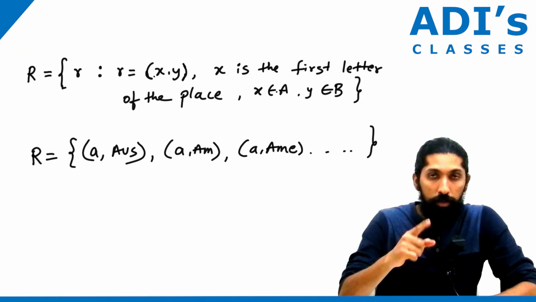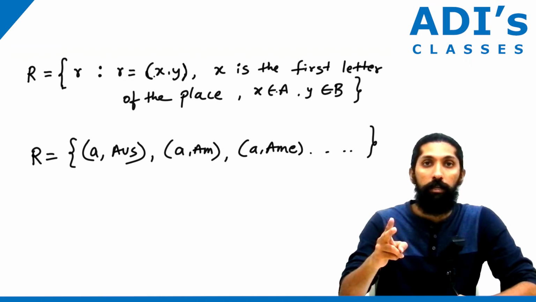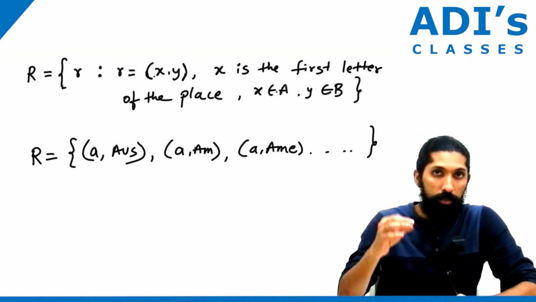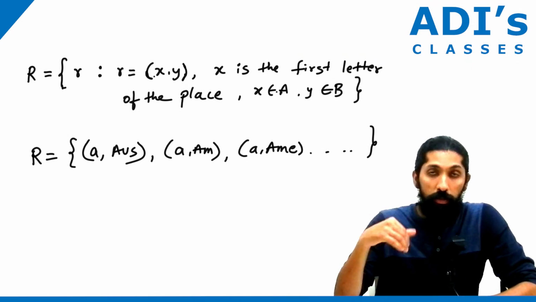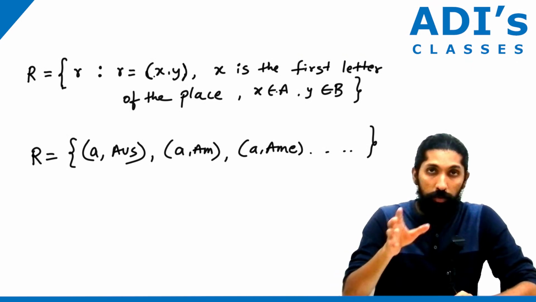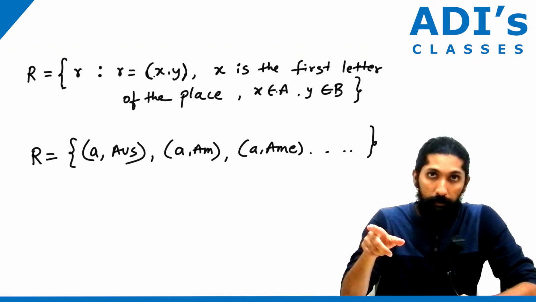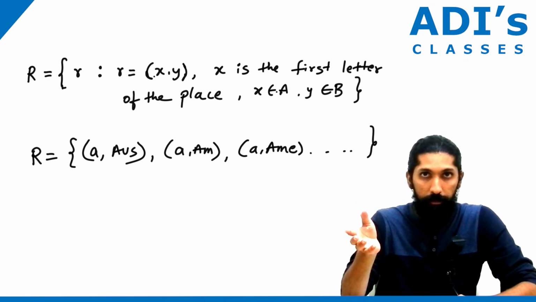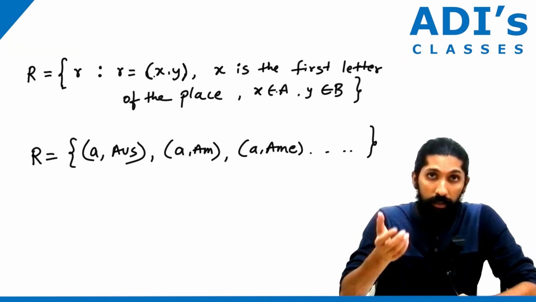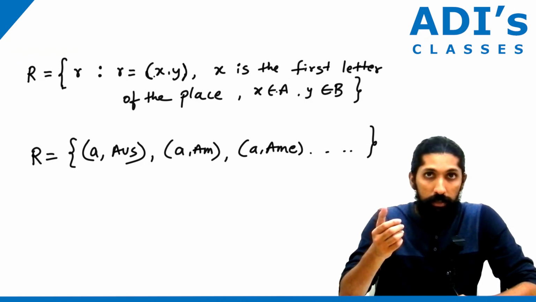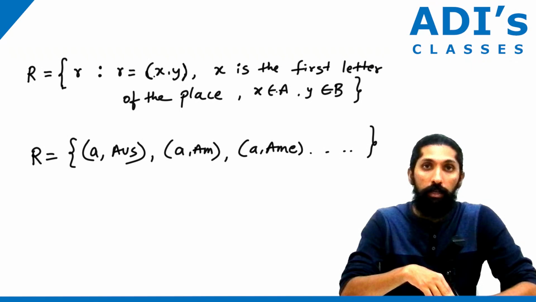Either the arrow method, which is the most convenient and most used method, the second one is the set builder, and the third one is the roster method. Fair enough? Now we have understood what a relation is, correct? It defines a certain type of relation between two sets, whatever the relation might be. Clear? Whenever we understand what a relation is, the next thing is what are the things we have in a relation. We'll discuss these things in the next video.